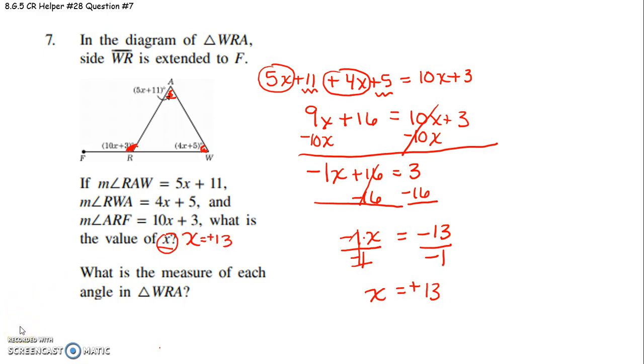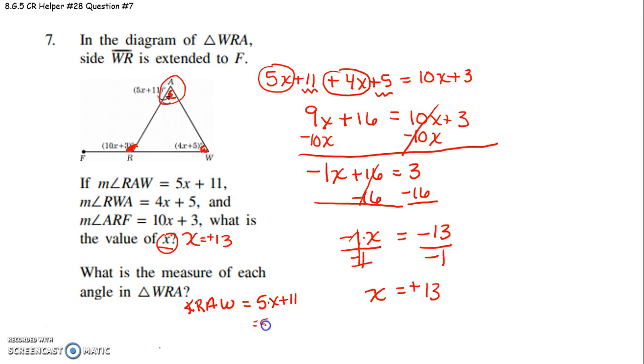So now in part 2 of the problem, they want you to find the measure of each angle in WRA. Let's first find the measure of angle A here. The measure of angle A, which you could call angle RAW, the expression for that was 5x plus 11. We just found x to be 13.